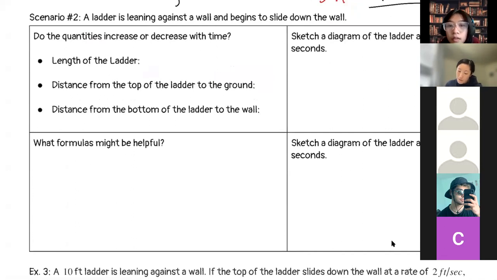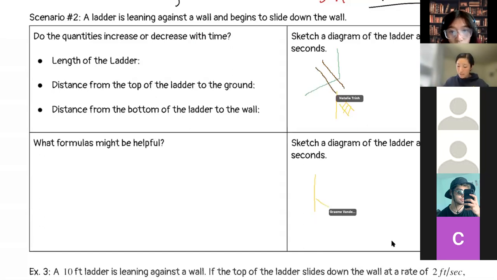So scenario 2 says a ladder is leaning against a wall and begins to slide down the wall. All right. So let's take a moment, and I say let's all annotate what we can. If you have any answers here, you want to sketch a diagram, go for it. Formulas that you think might be helpful, let's do a brain dump, and let's just kind of go for it.